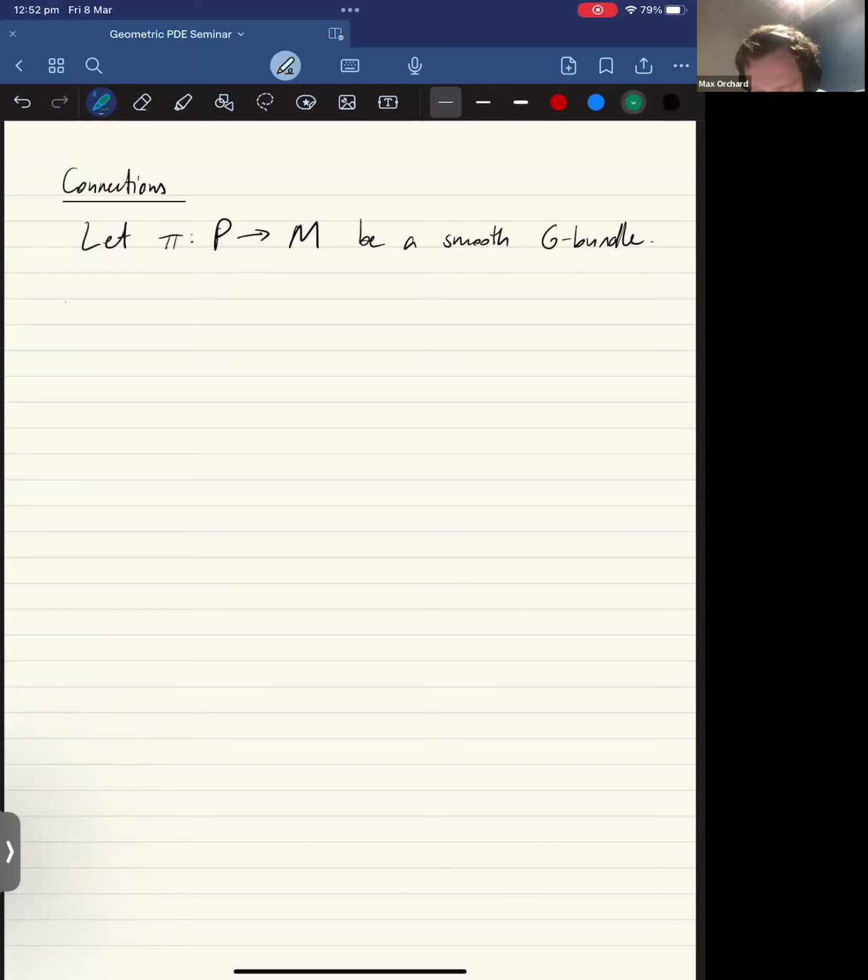So to get to connections, first I'm going to define something called the vertical subspace.